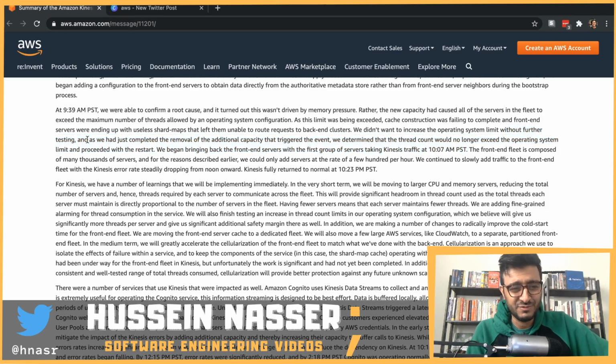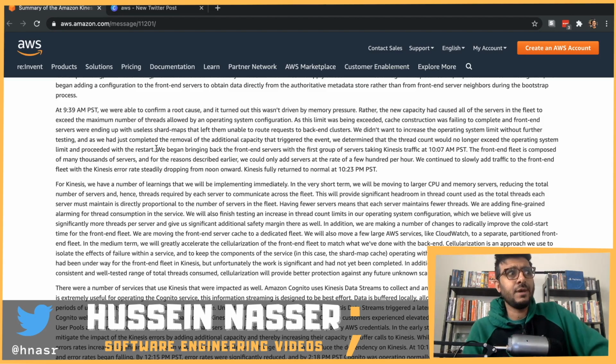That's just a recipe for disaster. And we had just completed the removal of the additional capacity that triggered the event. We determined that the thread count would no longer exceed the operating system limit, because they know that it worked before. So let's just remove the capacity that we added, and go back to the existing number of threads, which didn't exceed it, right?